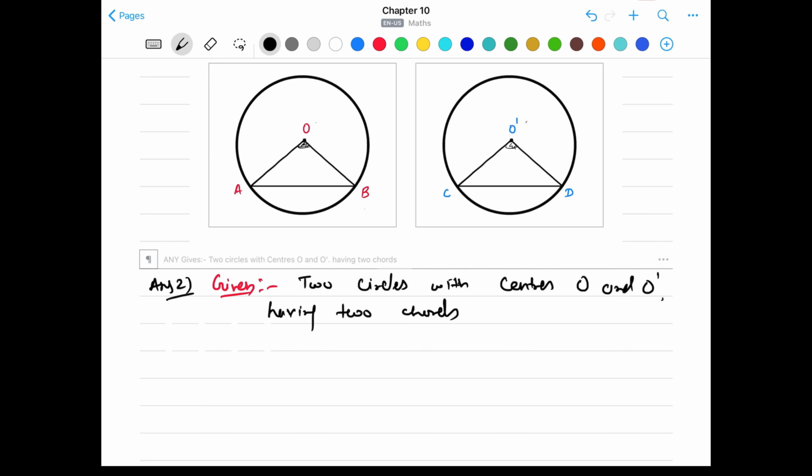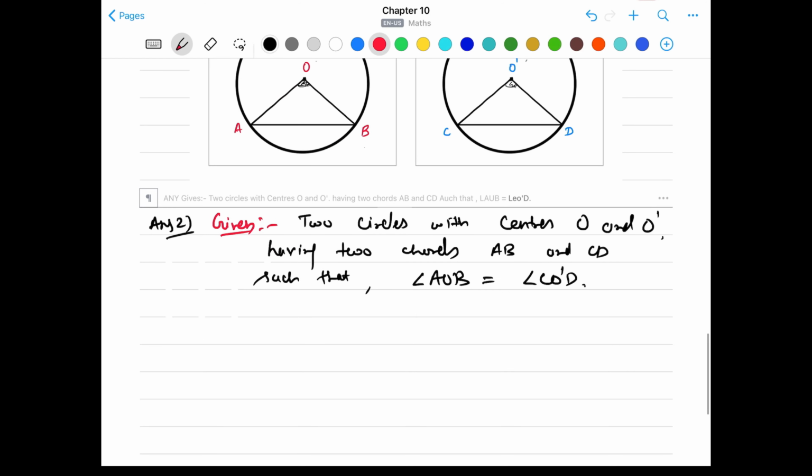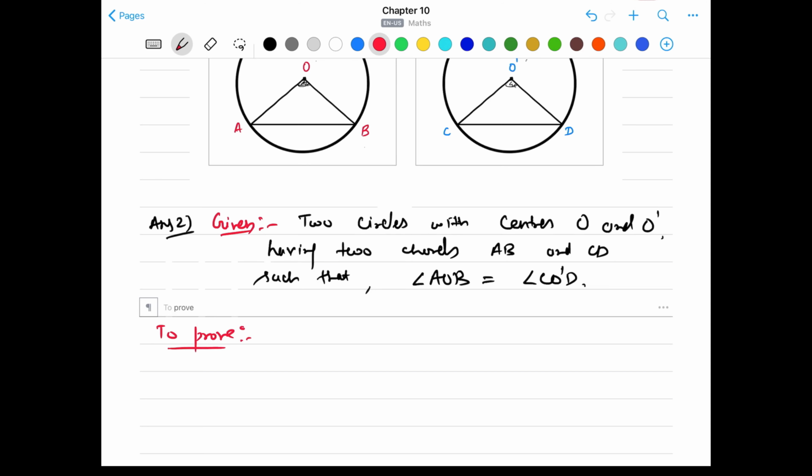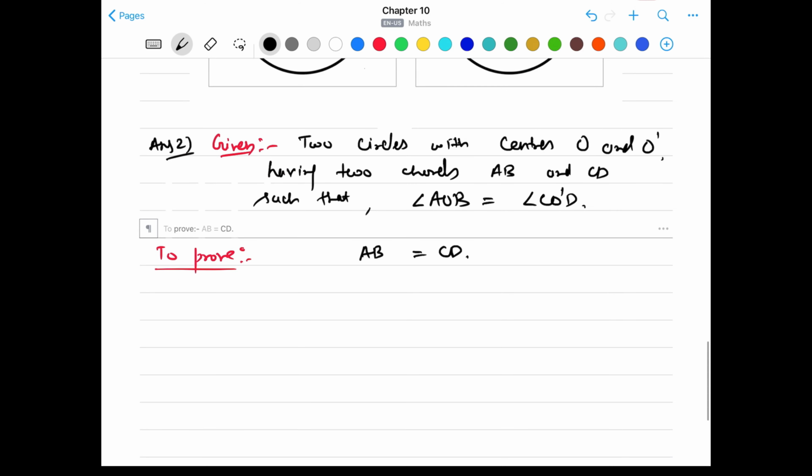Notice that we are not writing two equal chords, we are just writing having two chords AB and CD such that the angles subtended by them at the center are equal, that is angle AOB is equal to angle CO'D. So what we have to prove here is that the given chords are equal, AB is equal to CD. Okay, let's start this proof.